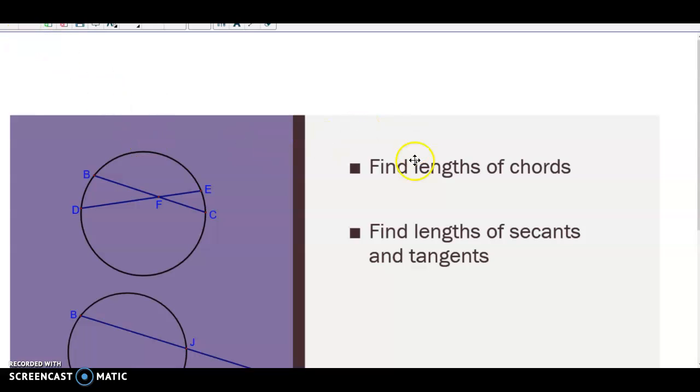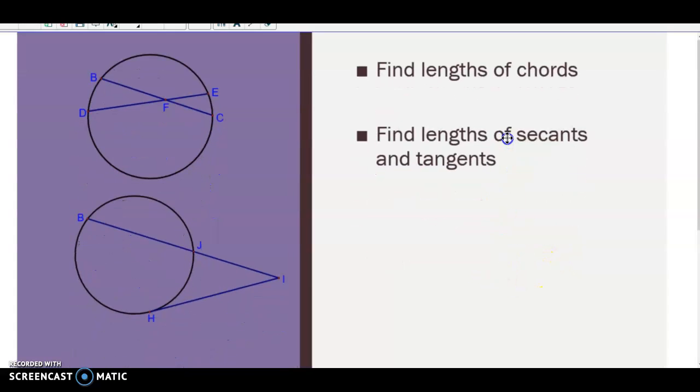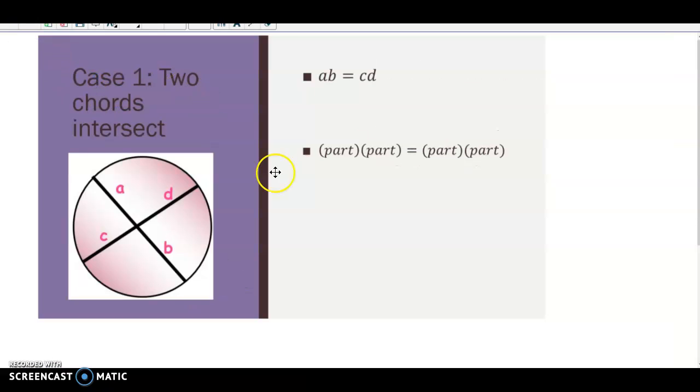Alright, so we're going to be talking about finding the lengths of chords when we have intersecting chords. We're going to move on to secants and tangents in the next videos, but for right now we're going to be focused on pictures that look like this, when we have 2 intersecting chords. When we have 2 chords that are intersecting, we can see that they are divided up into 2 different parts.